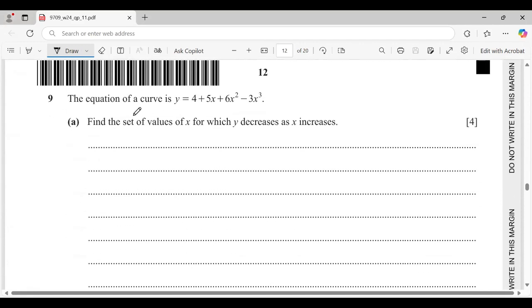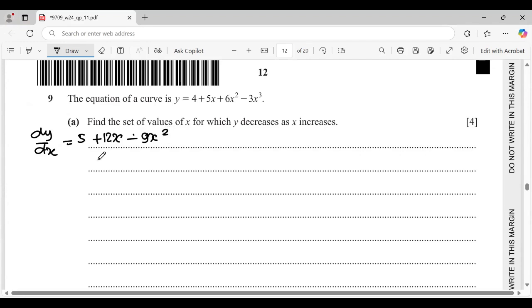Next question, number 9. The equation of a curve is y equals 4 plus 5x plus 6x squared minus 3x cubed. Find the set of values of x for which y decreases as x increases. To figure out the decrease and the increase, we need to find the derivative of this function first. So dy/dx equals 5 plus 12x minus 9x squared.